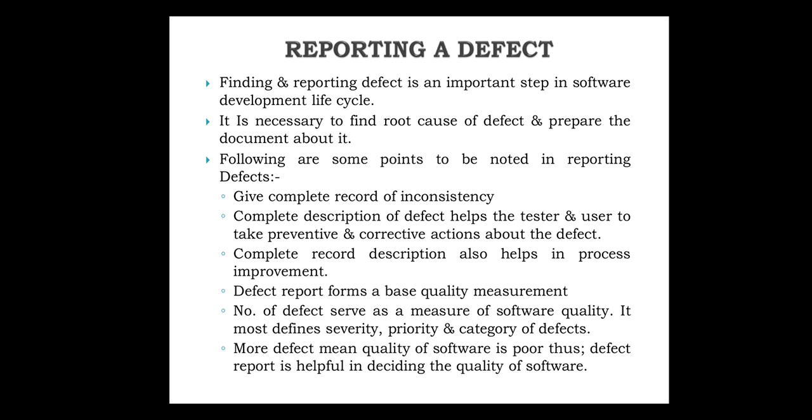Then it also defines the severity, priority and category of that particular defect. And the last one is that more defects mean the quality of software is poor. Thus the defect report is helpful in deciding the quality of software, whether it is good or not, or whether it is poor. So it will help to measure your software.